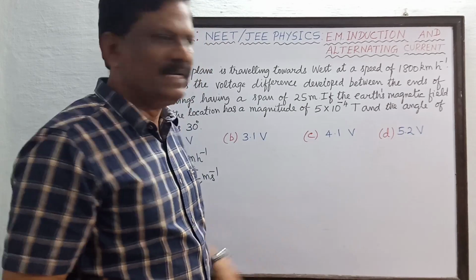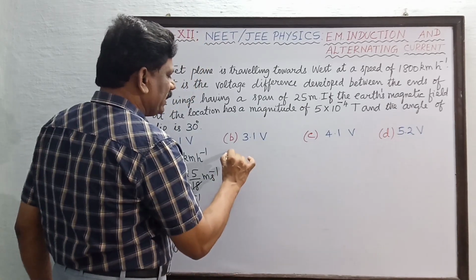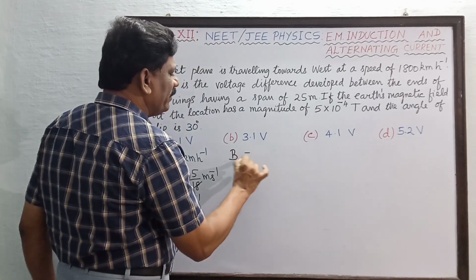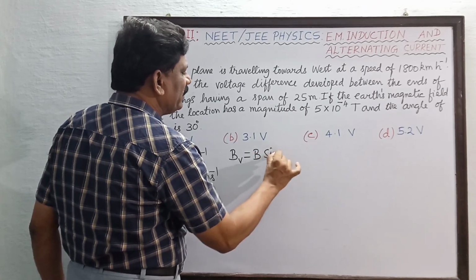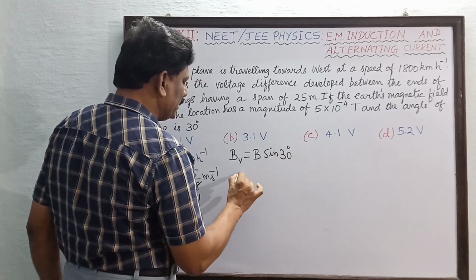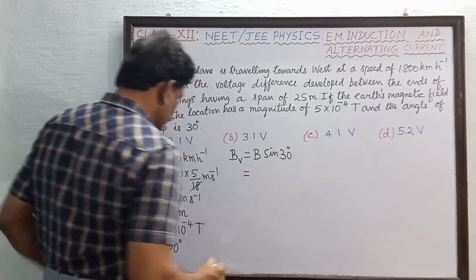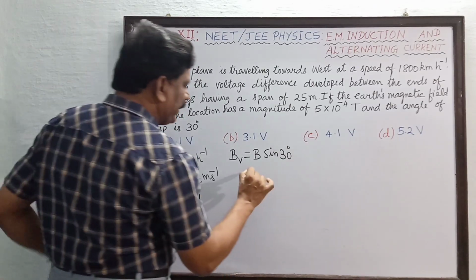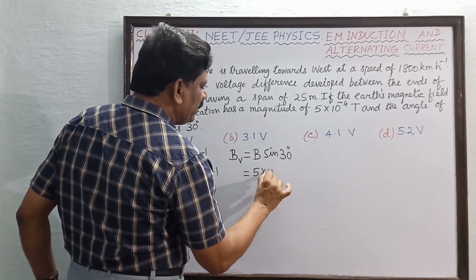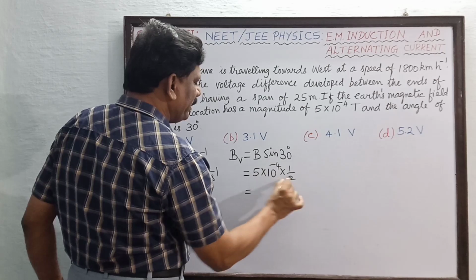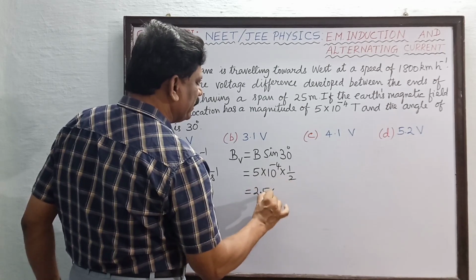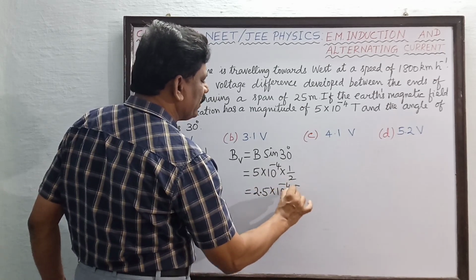So the vertical component B vertical is equal to B into sine of theta, that is sine 30. So this is equal to 5 into 10 power minus 4 multiplied by sine 30. So 5 by 2 is 2.5, into 10 power minus 4 Tesla.